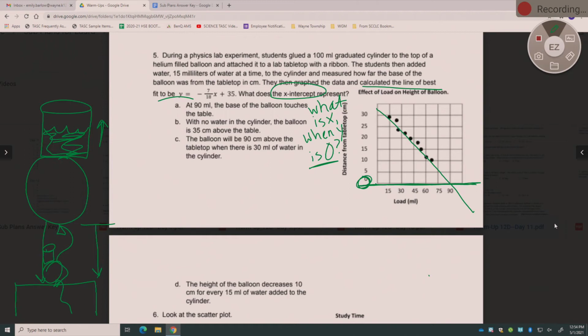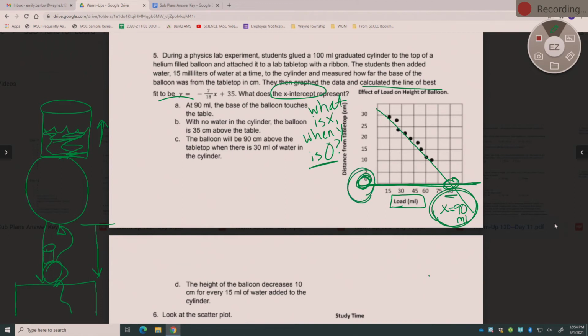So if I create my own line of best fit on this graph like I just did, and I look at what's happening when y is 0, well, that's at x equaling 90. 90 what? 90 milliliters of water. So when the cup has 90 milliliters of water, it is 0 distance from the tabletop.